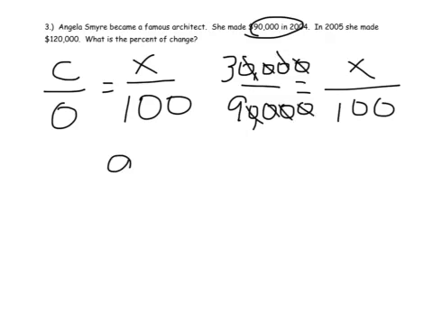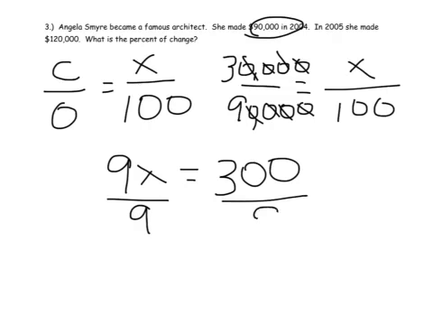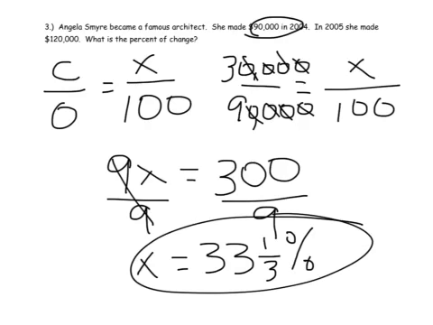So then you're actually doing 9 times x equals 3 times 100, like this. That takes care of all those zeros for you, so you don't even have to mess with those. And then you just have to do 300 divided by 9, which is 33 1/3%, or 33.3 repeating.